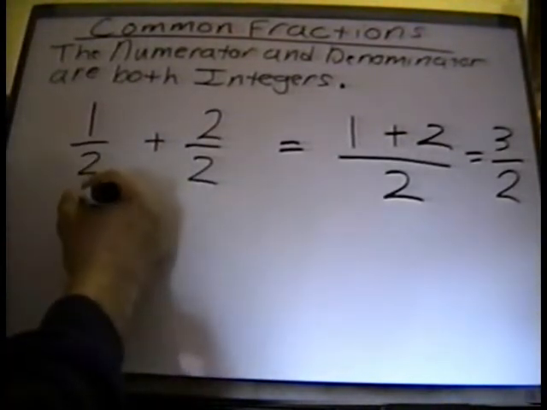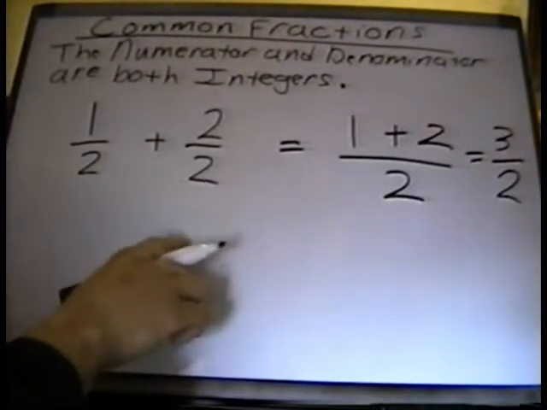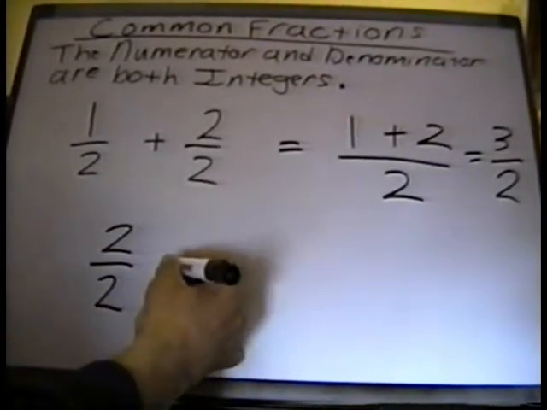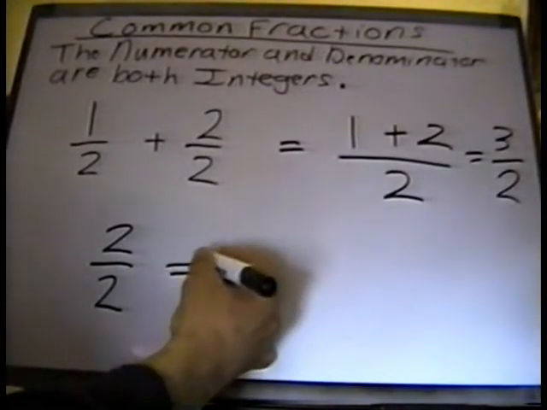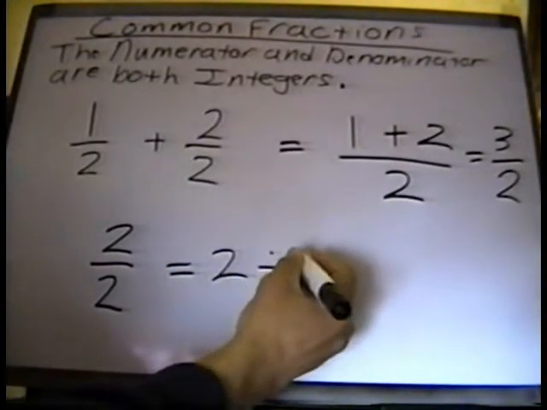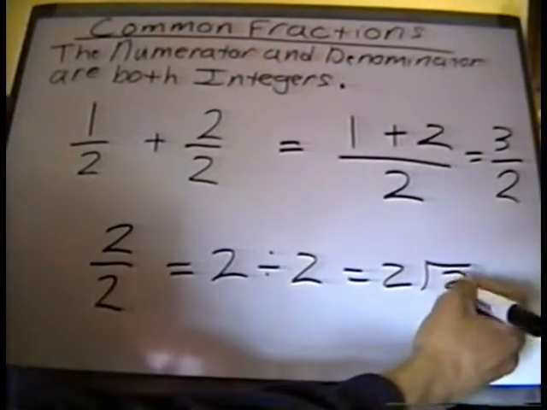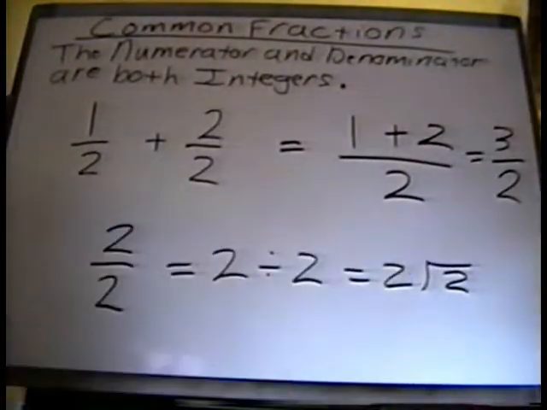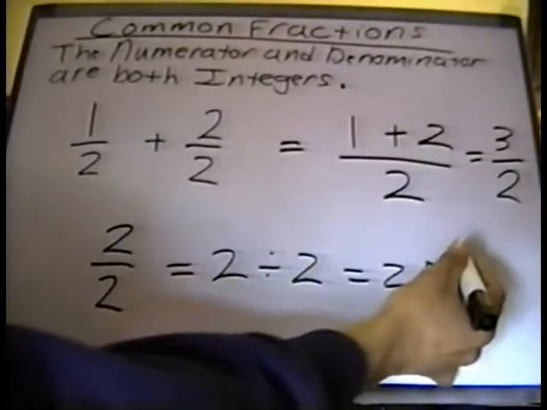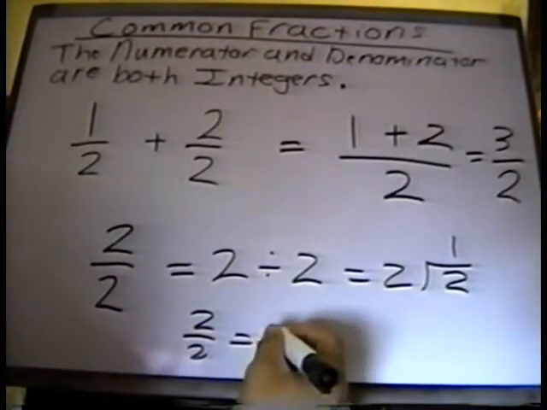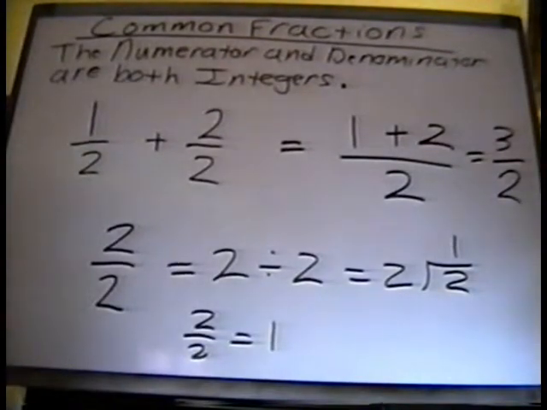Now 1/2 plus 2/2. So take 2/2, which is equal to 2 divided by 2, which we know gives you 1. So 2/2 is equal to 1. Or we say 2/2 is equal to 1 whole.